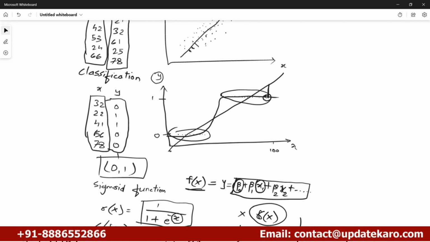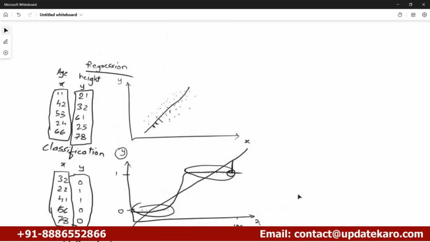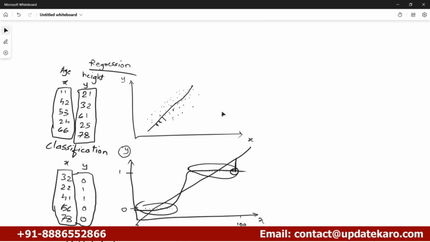It can't predict the right output because the aim of the regression model is to predict continuous values or continuous data. If your data looks like this, it will be able to predict the values from here, like this.